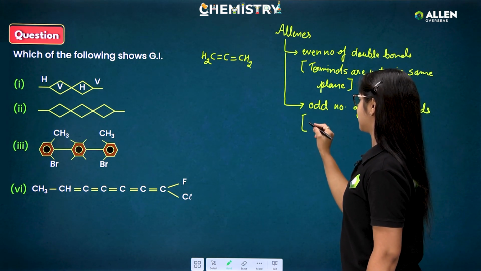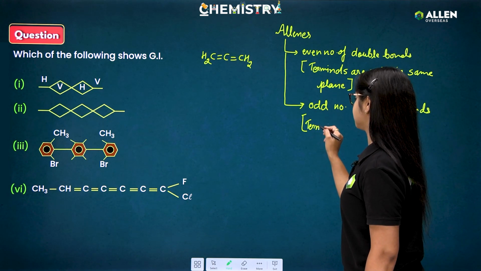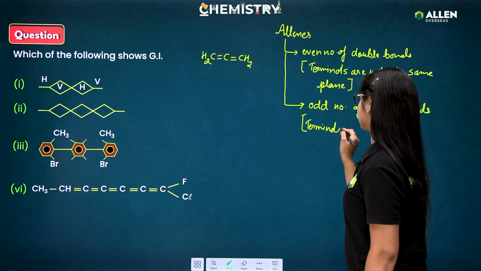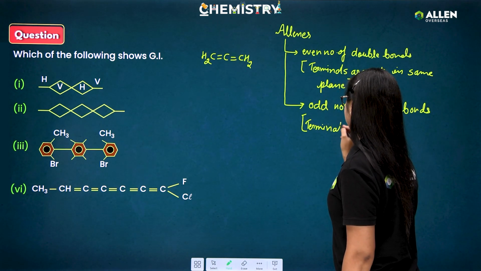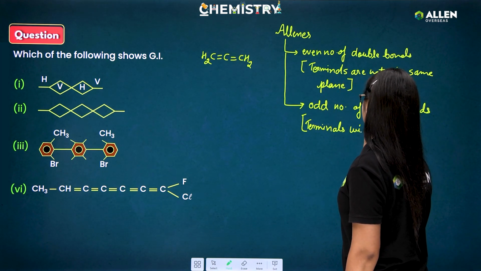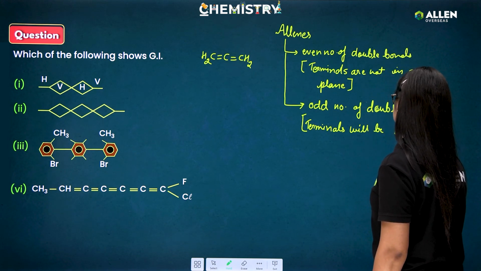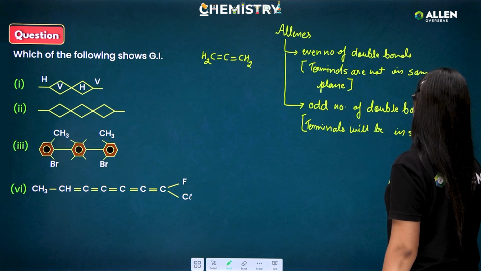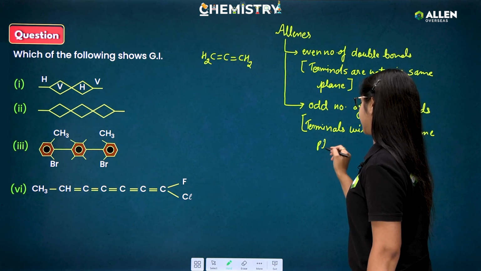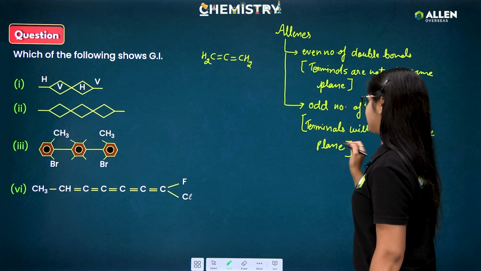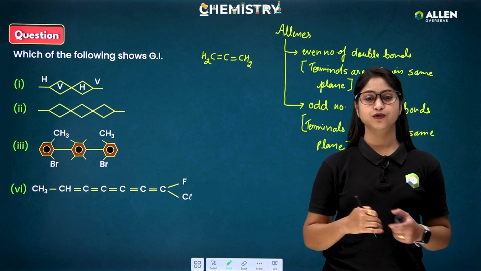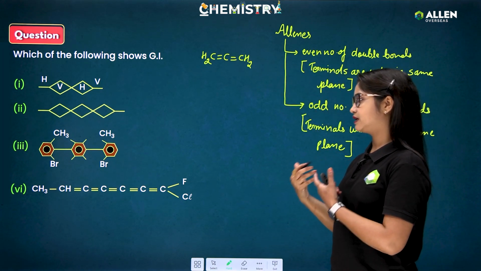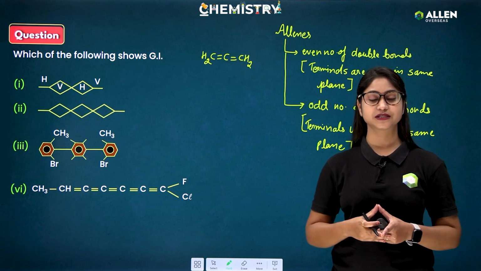In this case, the terminals will be in the same plane. That's why allenes are very important for finding geometrical isomers and discussing geometrical isomerism.